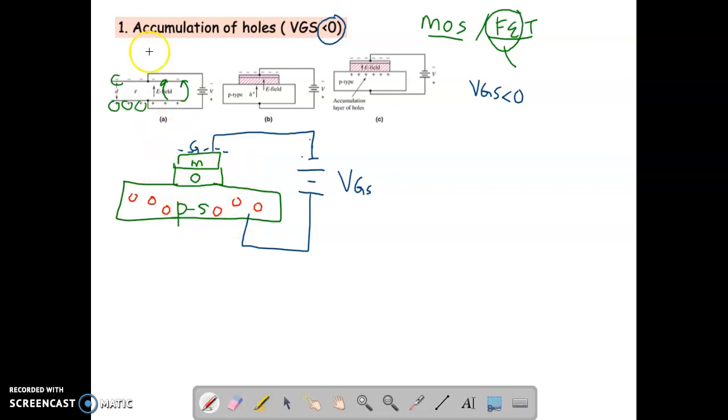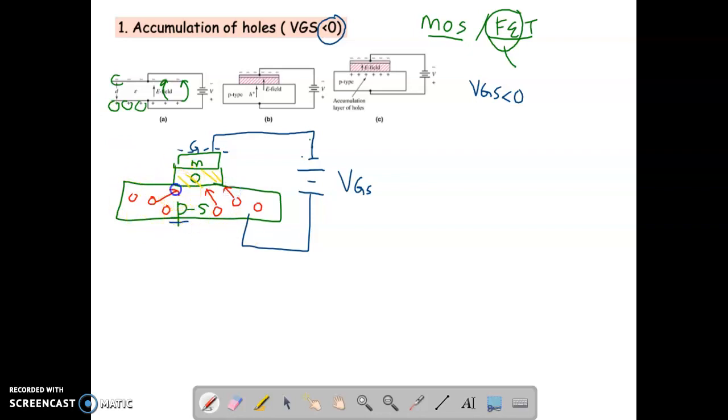Of course not, because this is an insulator. So the negative charge will stay on top of your metal. A negative charge will attract the majority carrier from your P type. Your holes will be attracted towards the surface of the oxide.